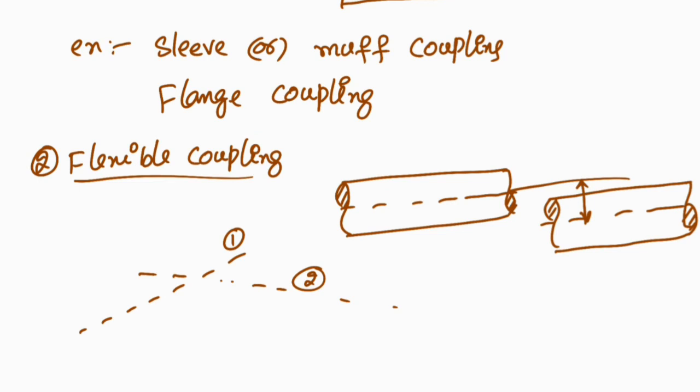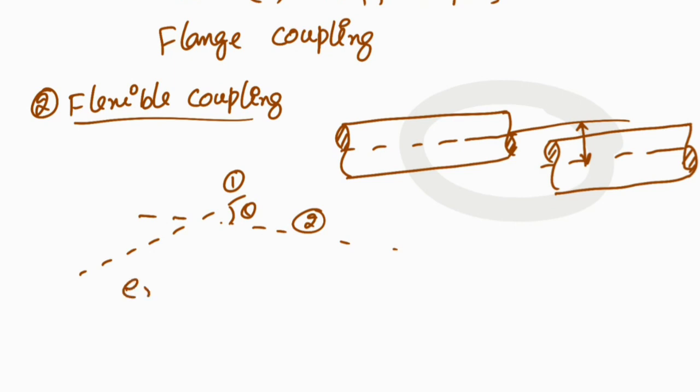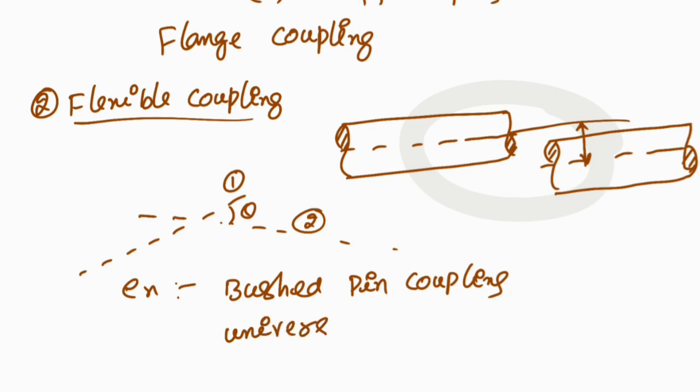To connect shafts which are angularly misaligned, and laterally misaligned shafts, we use a coupling called flexible coupling. Examples of flexible coupling are the bushed pin coupling, universal coupling, and Oldham coupling.